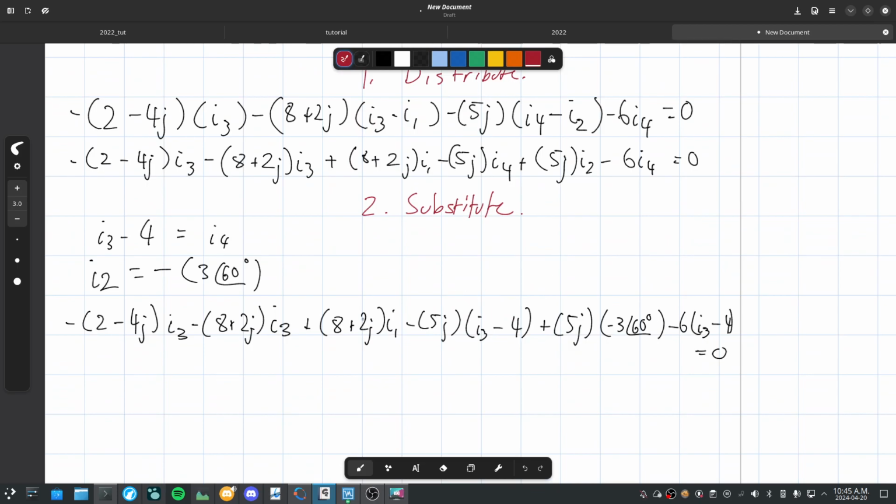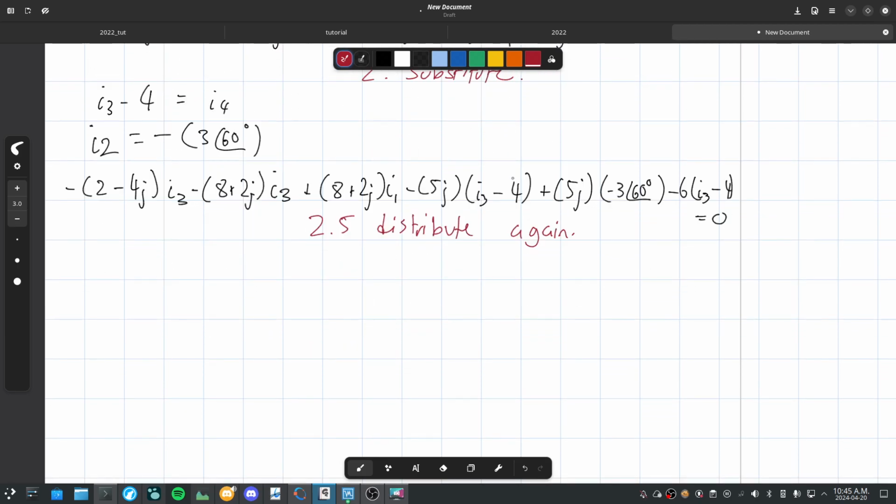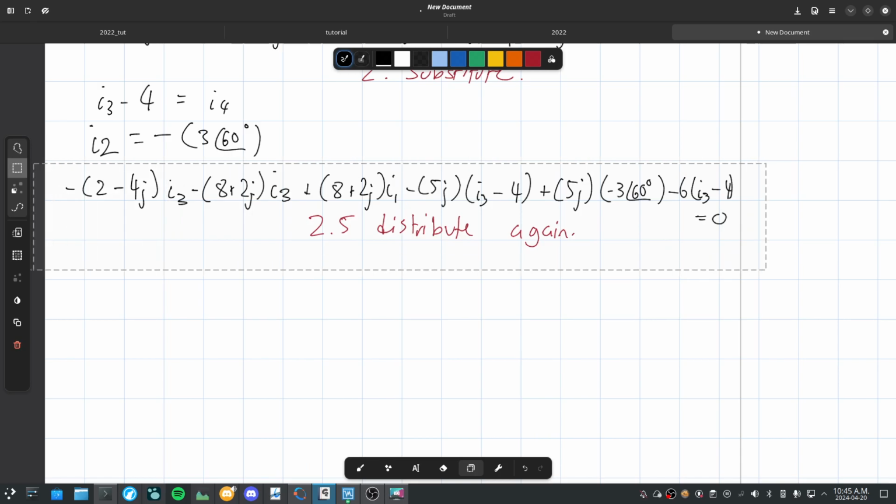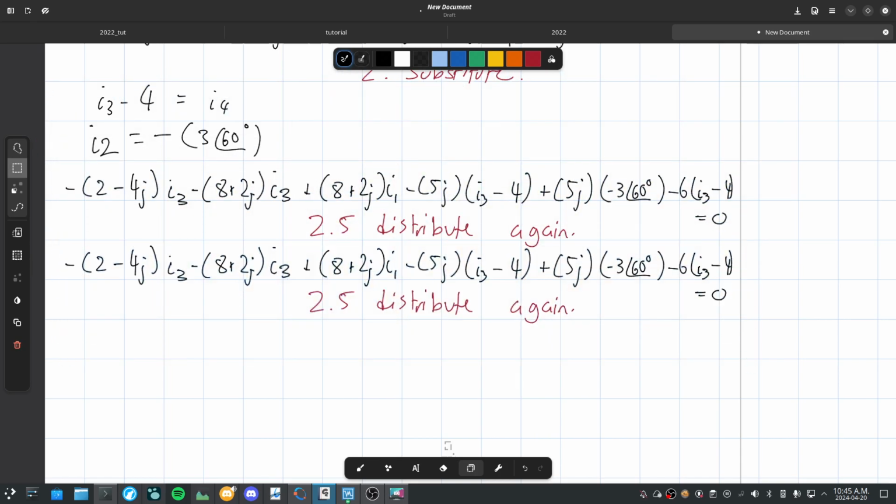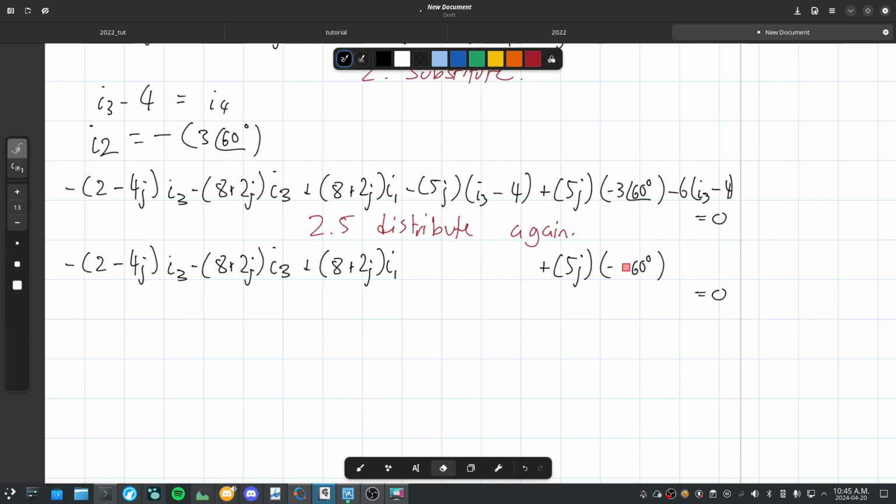That's a lot. Now, the third step is collect, but here's the thing, we can't really collect when some parts aren't distributed. So we are going to distribute again. So this is going to stay the same, this will be the same, this will be the same. I'm just going to copy paste that down here. Let's remove the part that we need to distribute out. So all of that's the same.